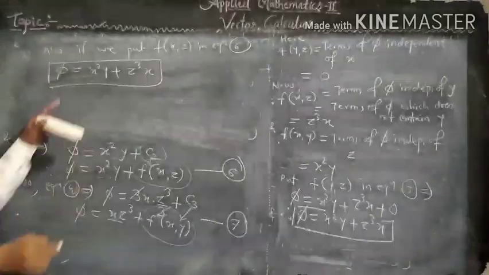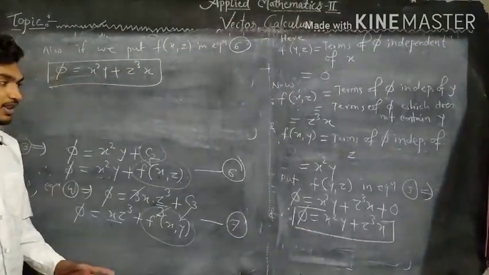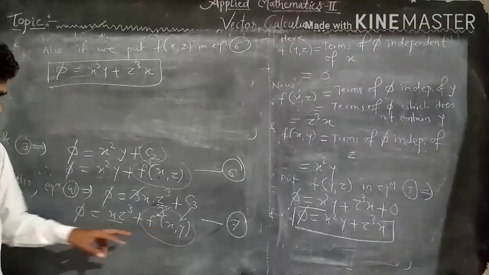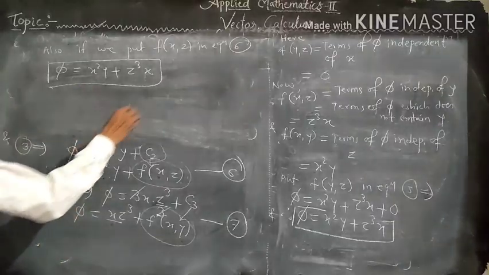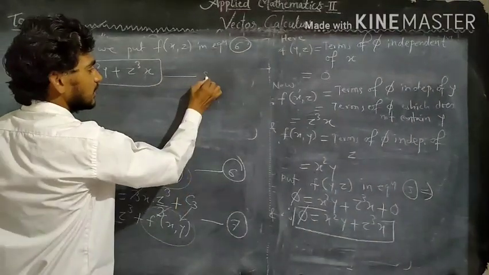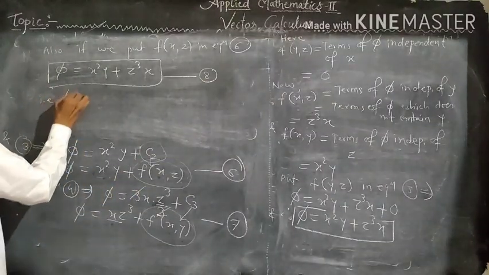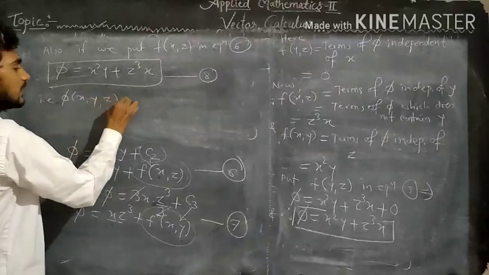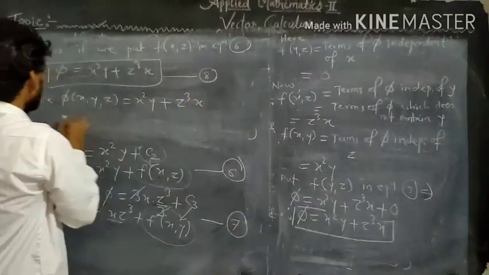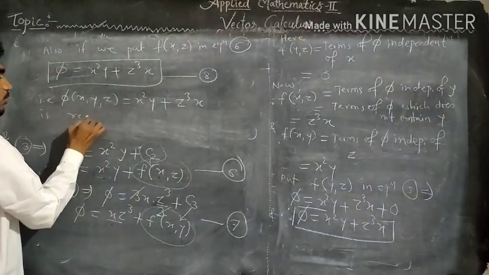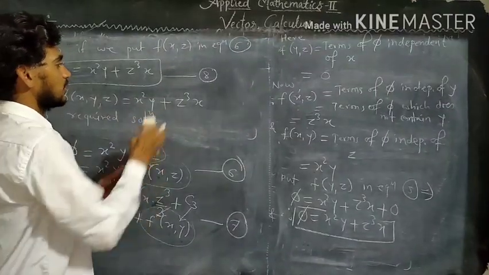So again it is the same as the previous one. After that, if you put f of x comma y in equation 7, then again you will get the same solution. So the required solution, say equation number 8, that is phi of x comma y comma z equal to x square y plus z cube x, is the required solution.